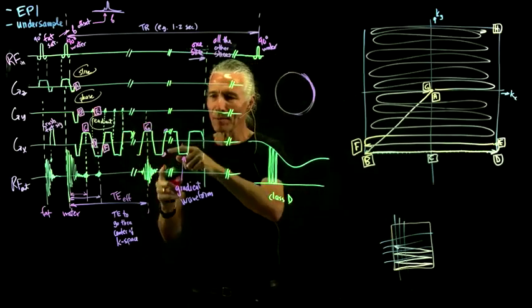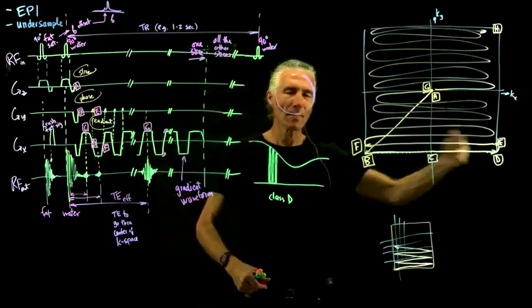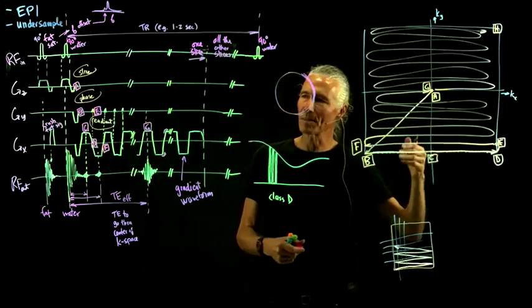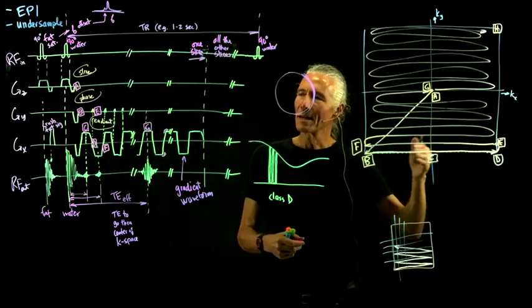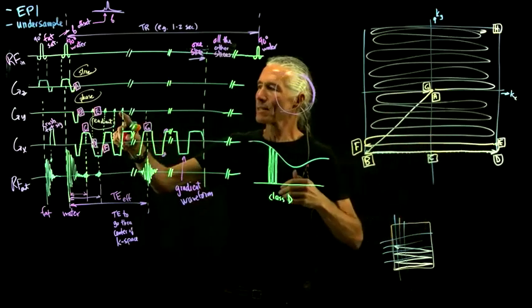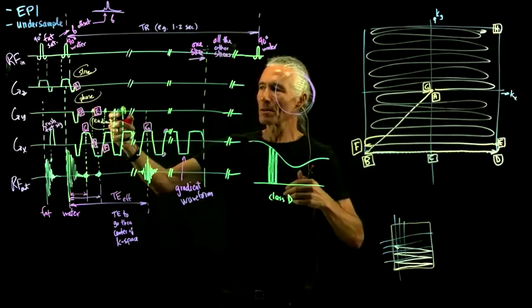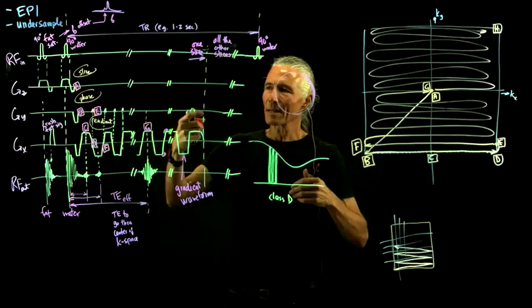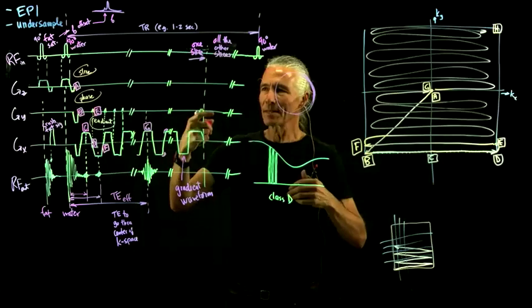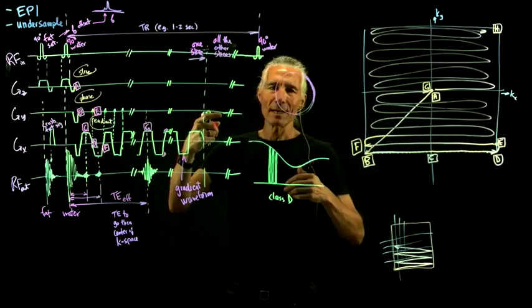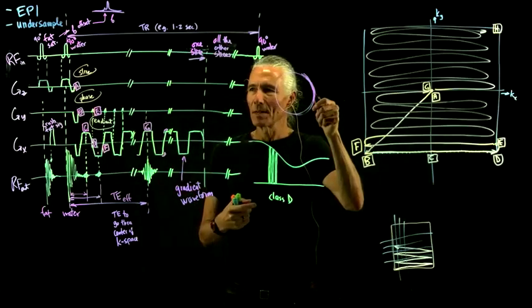It's less of a problem here. You've got these giant gradients which are muscling things around, and so you don't have problems in the kx axis. But these little gradients are so small, and you're doing a long readout, like 50, 60 milliseconds of data, so there's more chance for that to cause a problem.